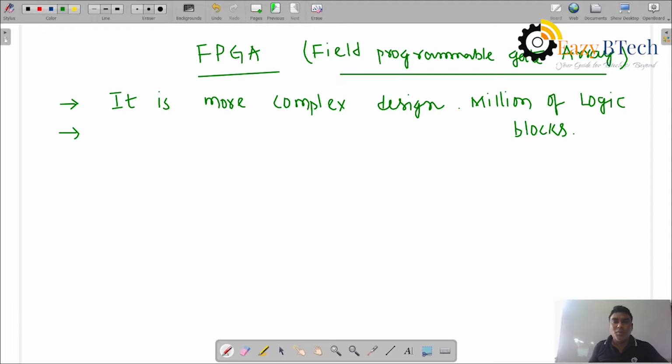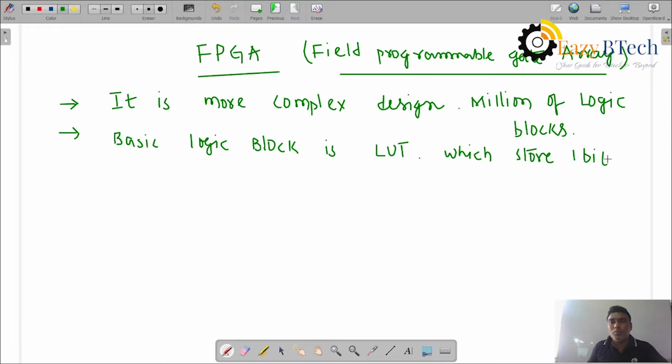Let us see what the logic blocks are here. The basic logic blocks used in an FPGA are lookup tables, which store 1 bit of data.